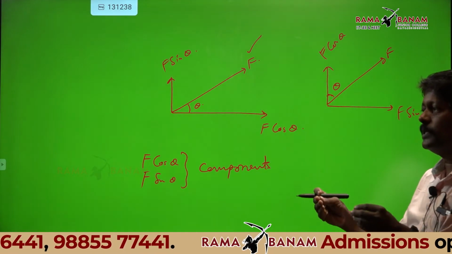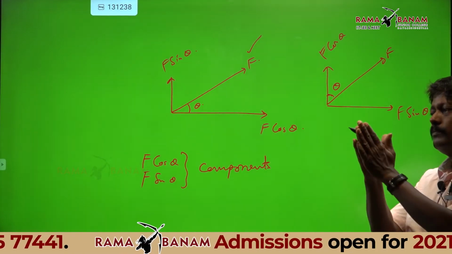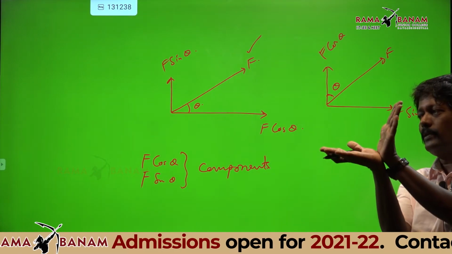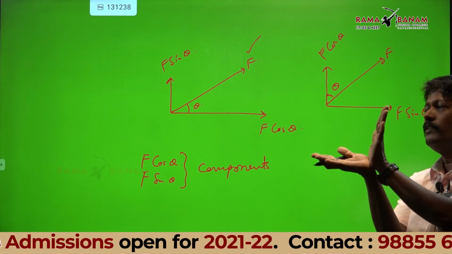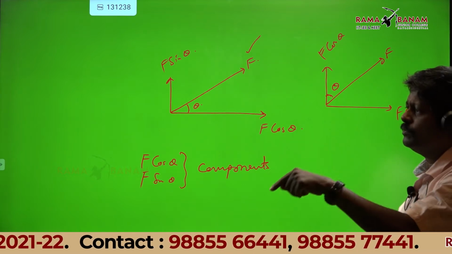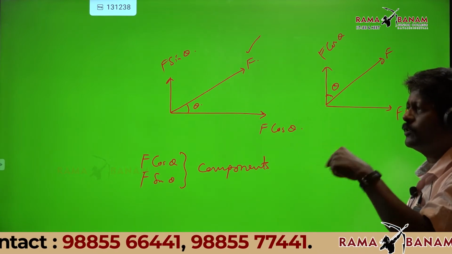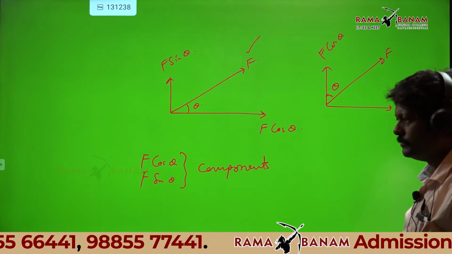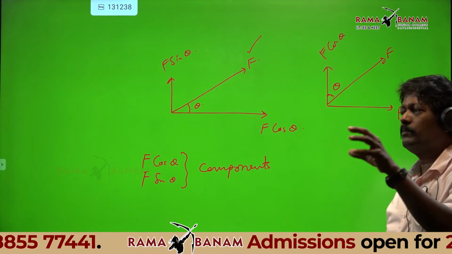Components are nothing but two perpendicular parts of the original vector. Now you may ask me, sir, why you want to split up that into components? To make the sum easier.